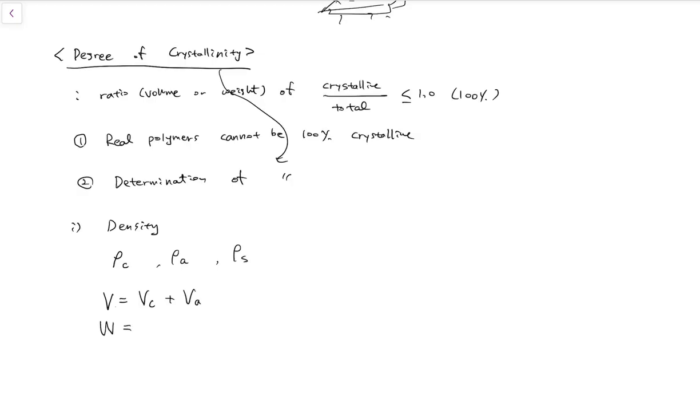Also, the weight of the total sample will be the sum of the crystalline and amorphous regions, right?